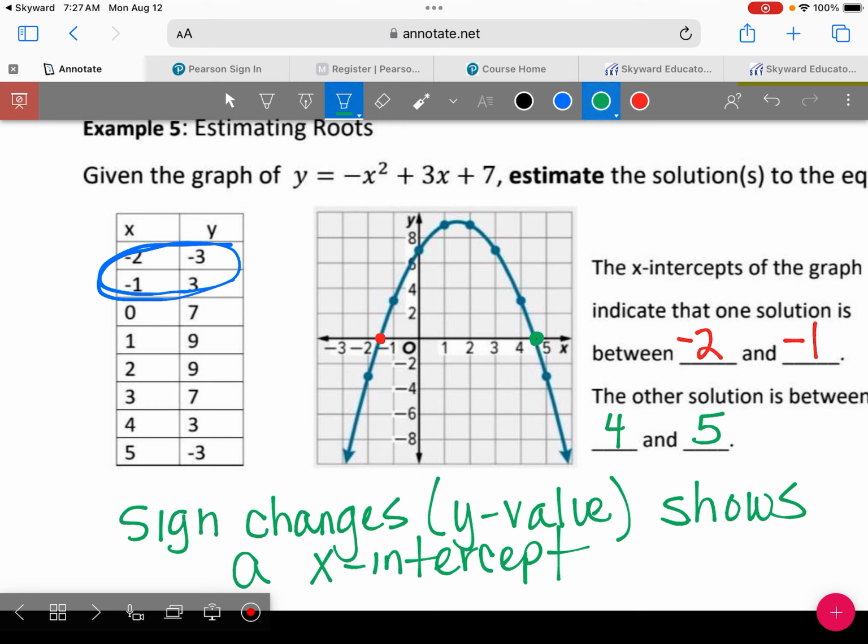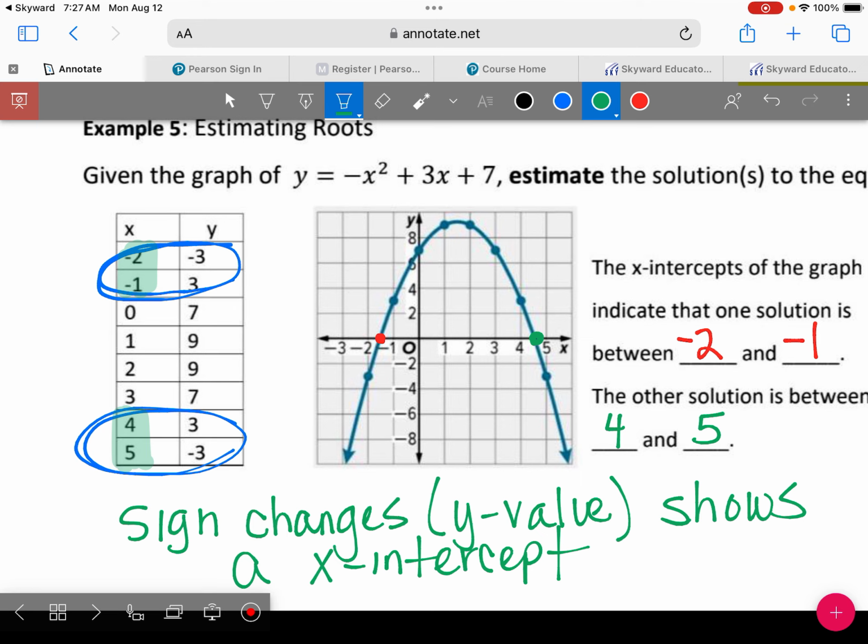That's how I know that this is where my first solution is going to be. It's going to fall between -2 and -1. And then see how it stays positive, positive, positive, and then it switches to a negative. So again, right here, that's how I know that I have another x-intercept.